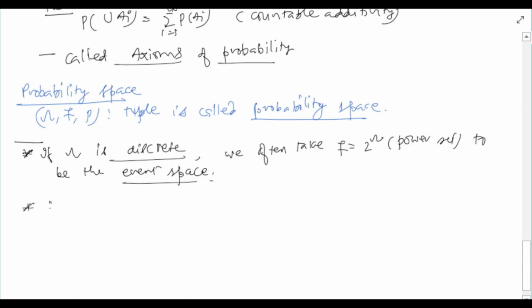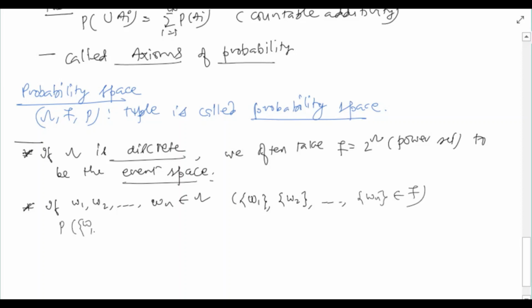Moreover, if omega 1, omega 2, dot dot dot, omega n are elements of omega, then the singleton sets will all be elements of F, and in this case the probability of the set omega 1, omega 2, dot dot dot, omega n is simply the sum of the probabilities of these singletons.